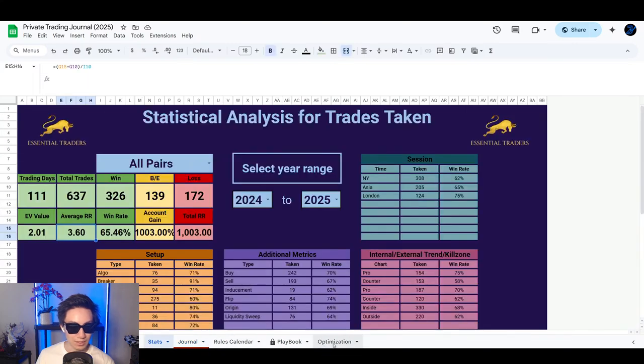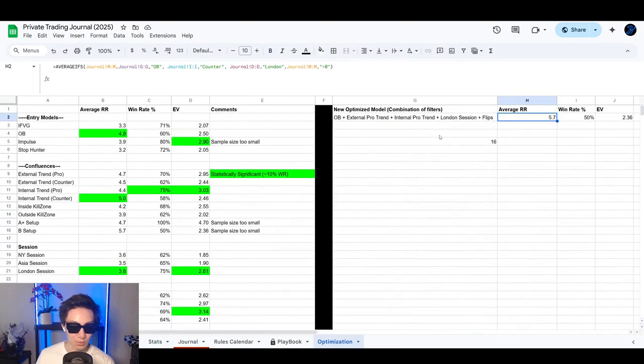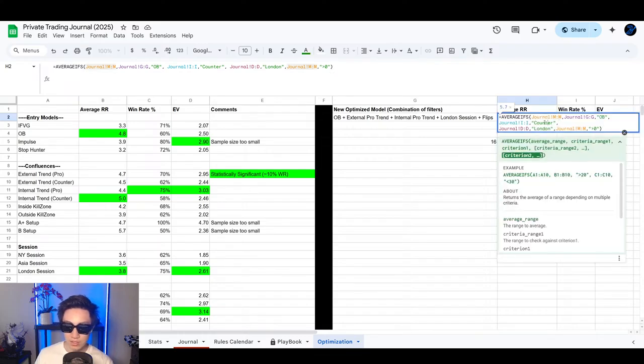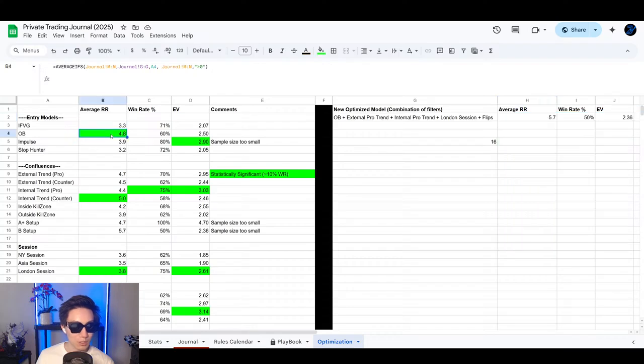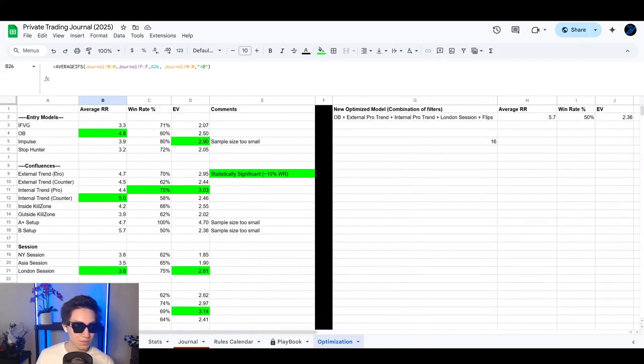Why? Because of the win rate. The risk reward is higher. So the risk reward we optimize extremely well here, as you can see, right? So if we just optimize and take only OB entry model plus only internal trend counter setups plus only London session and only origin, these four different things, right?